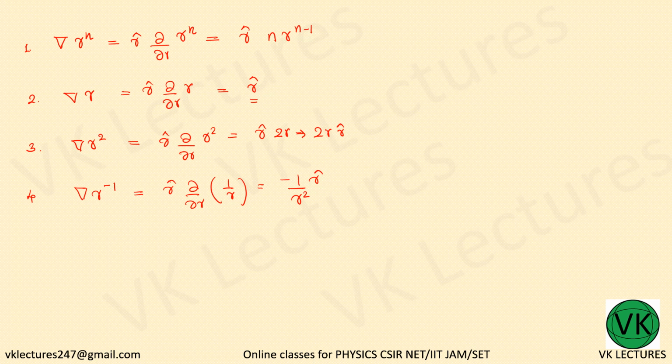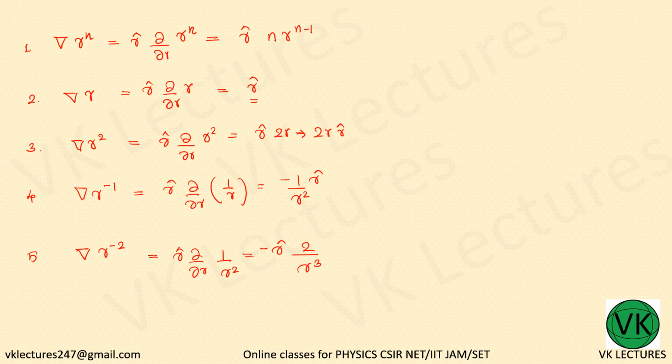So minus 1 by r square r cap. Now the fifth one, this is important. This is where most of the time we find the gradient of 1 by r square. So r cap dou by dou r of 1 by r square is minus 2 r cap by r cube.